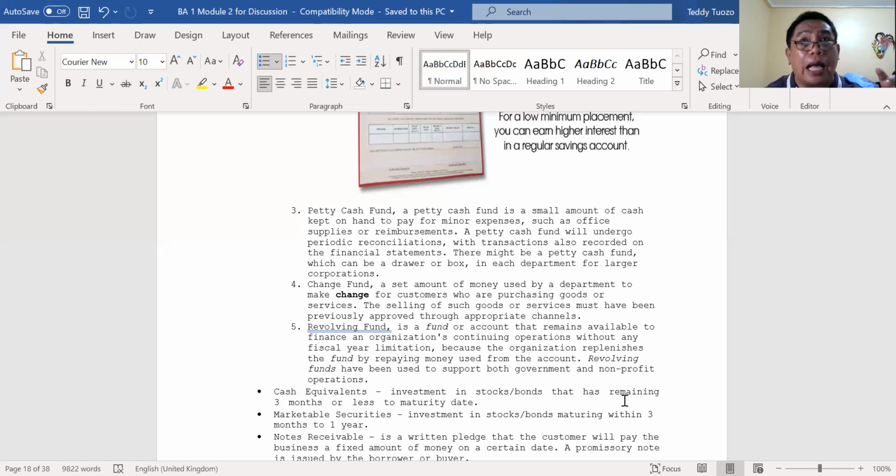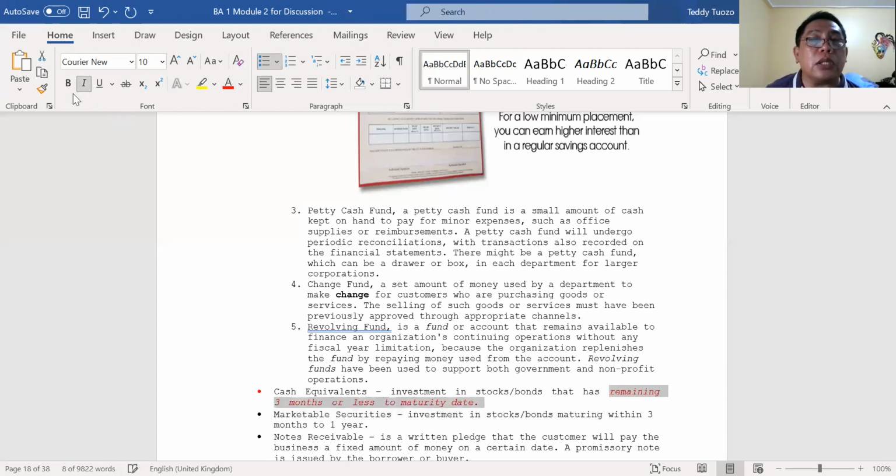So these are not really cash, no? These are only equivalents of cash, which are investments in stocks or in bonds. Take note, the qualification is kinahanglan has remaining 3 months or less to maturity date, no?